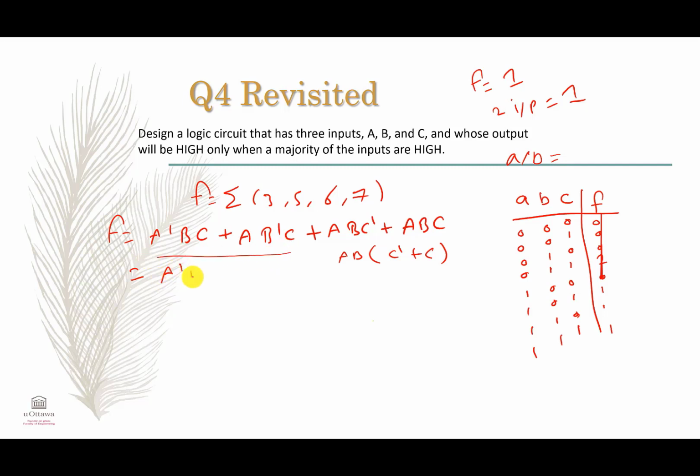A prime bc plus a b prime c plus this, and this will give me 1, so it will be a prime bc plus a b prime c plus a b. Can I go further? No, I cannot.